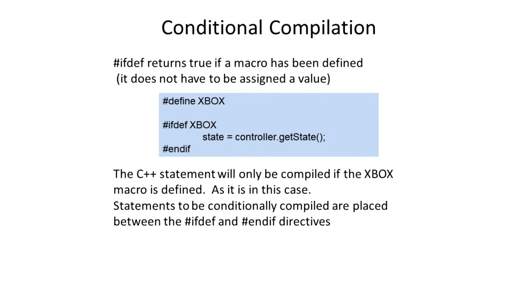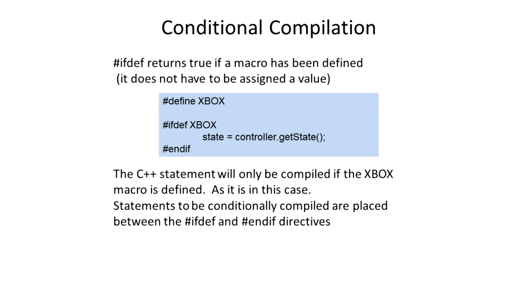Having a look at this example here, this is better practice, where we're defining a particular state. In this case, it's Xbox, the gaming console, of course, and we're defining that before the main function.